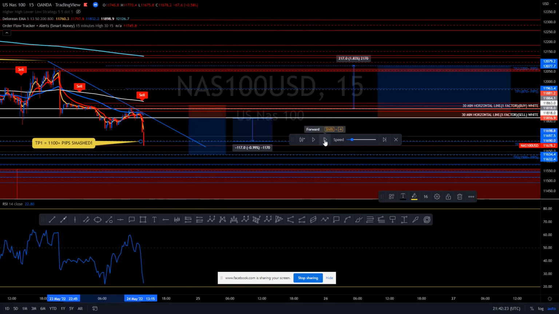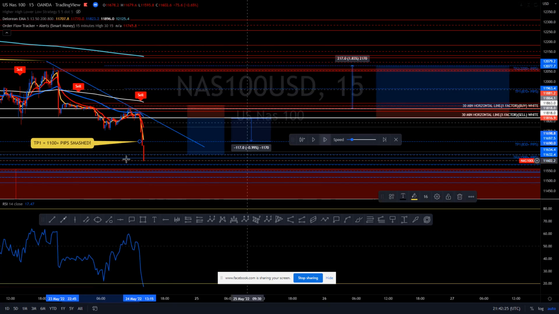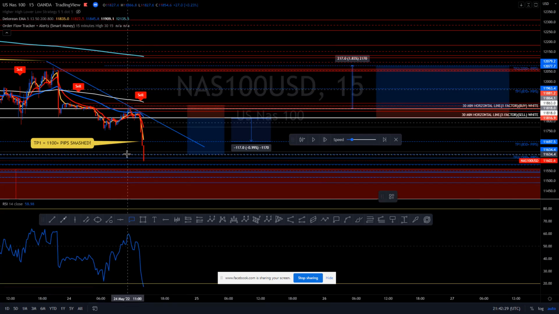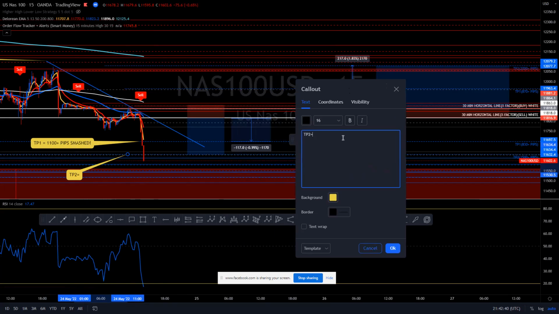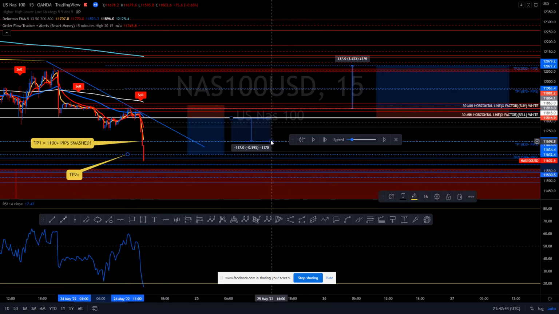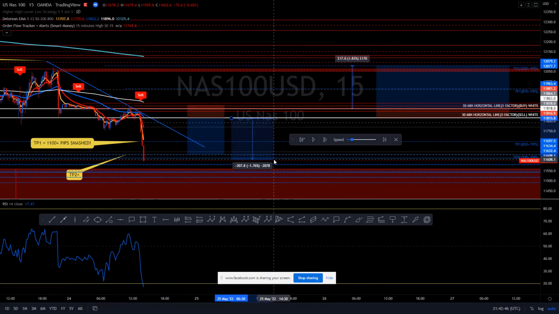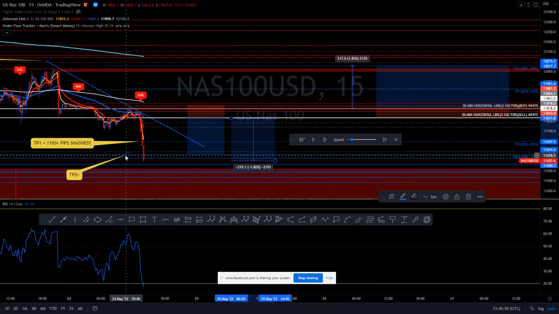And then price went down to smash my second take profit. But I was already out of the trade, but these are take profits that I set. So then I'm going to say TP2 equals over 2100 plus pip smash.